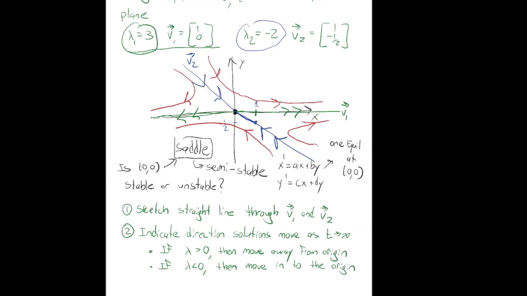On the blue one, since the eigenvalue is negative, that one's going to head in. And for the red vectors, we determine these directions just by following the directions on the eigenvectors that we determined. So they should move in similar directions. If I had a direction like this, that would contradict what's happening over here.